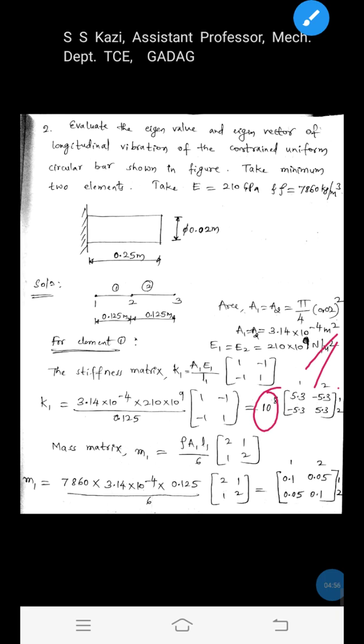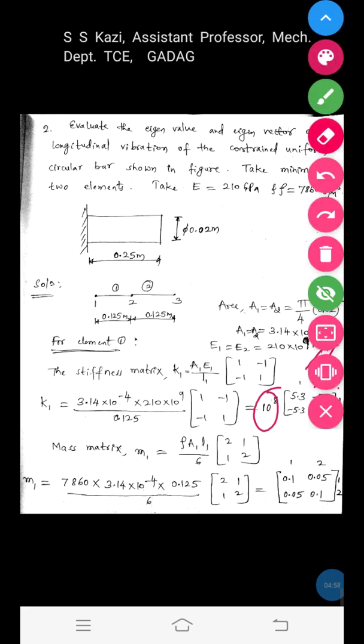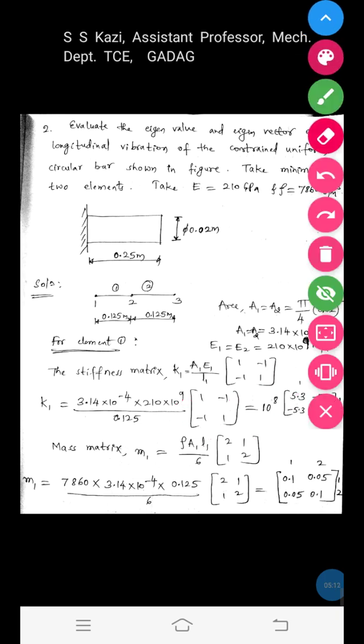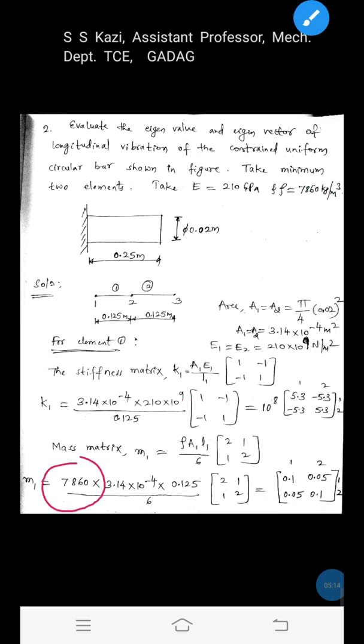Okay. Now let us generate the mass matrix for element 1. It is given by rho A L by 6 times [2 1; 1 2]. That is the formula, where rho is the mass density, A is the area of the element 1, L is the length of the element. Now you substitute rho 7860 kg per meter cube, area 3.14 into 10 raised to minus 4, length is 0.125 meter.